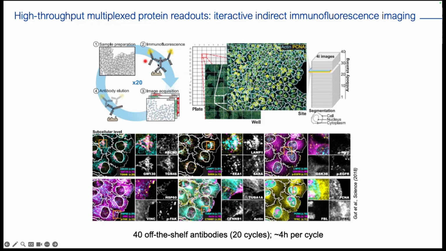And they do this with standard antibodies with basically 20 cycles of IF, washing, and bleaching, washing, and new IF, and so on. So of course, this is very sophisticated and very difficult to implement, but just to tell you that it's possible and this can be increased in terms of complexity.